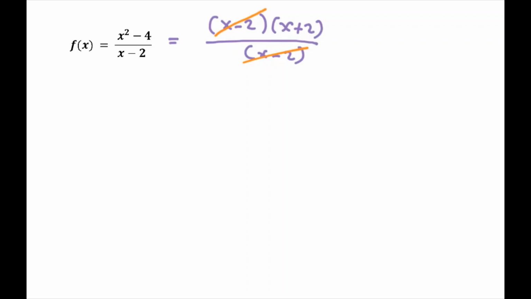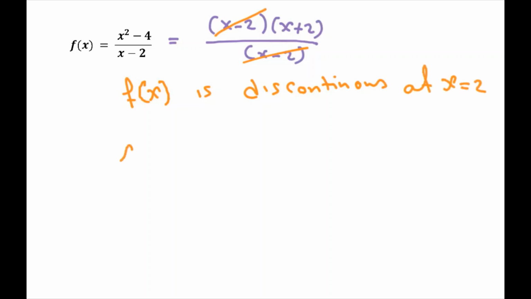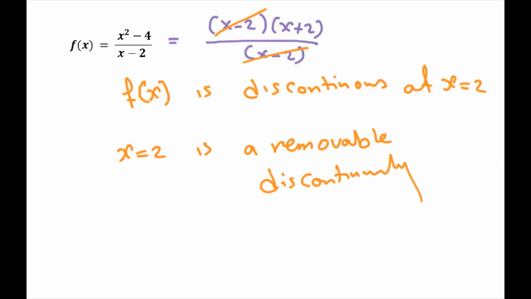The function f(x) is discontinuous at x equals 2, but x equals 2 is a removable discontinuity because we can cross it out. When you graph it, that's going to look like a hole. So that's going to be a straight line.